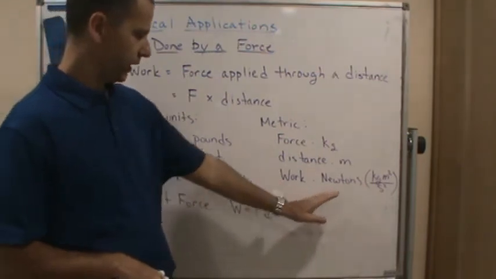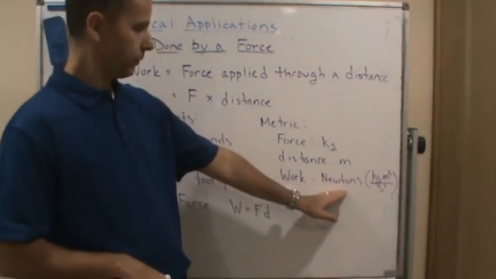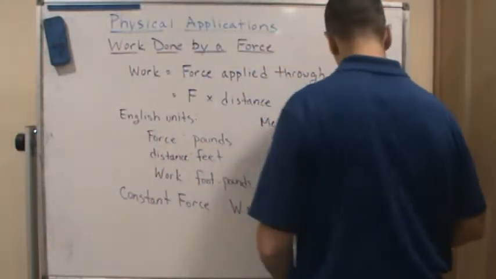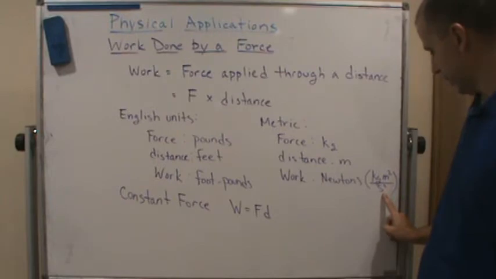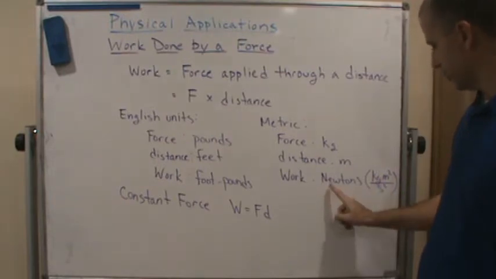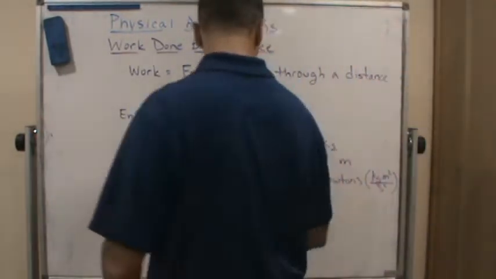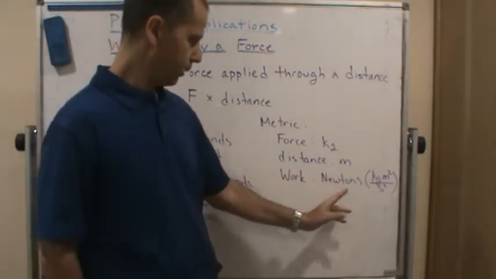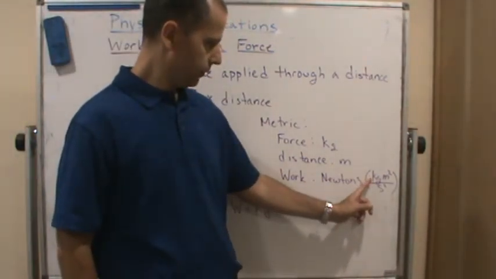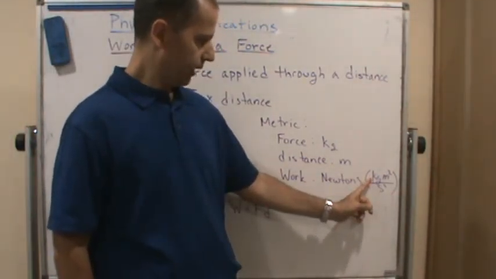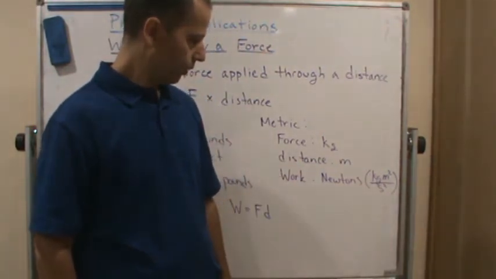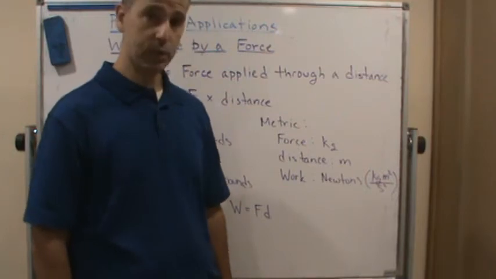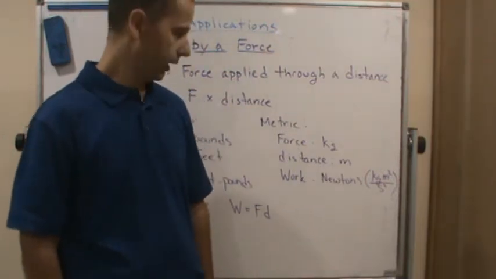And now the work, we use newtons. Newtons are calculated by using kilograms times meters squared over seconds squared. So the way we get a newton, it's the amount of force, okay? One newton is the amount of force to move one kilogram at a rate of one meter per second squared.